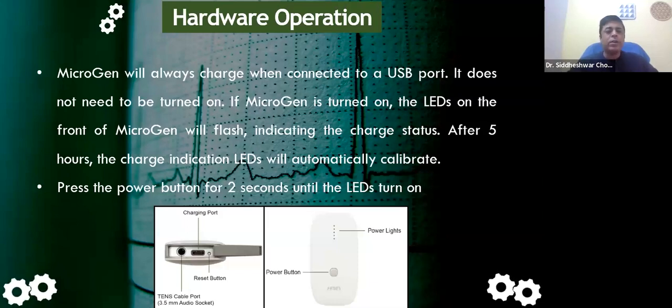If MicroGen is turned on, the LEDs on the front will flash, indicating the charge status. The moment you turn it on, the respective LED will tell you how much percentage of the charge is available. Usually after 5 hours, the charge indication LED will automatically calibrate.